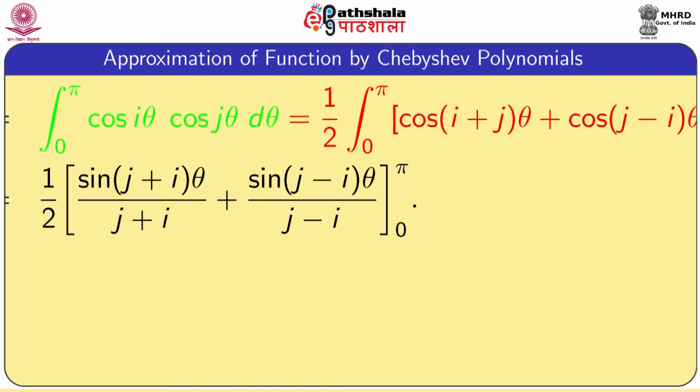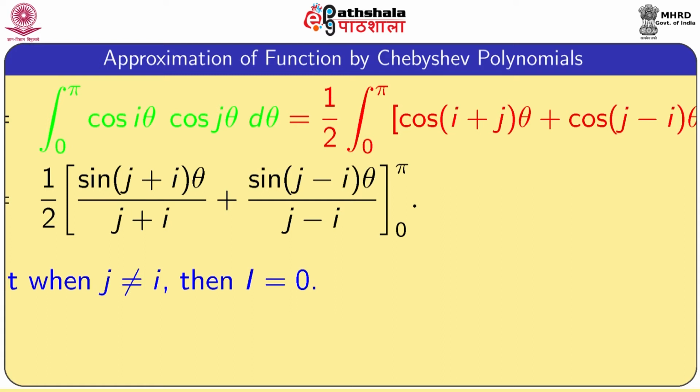That is, I equals integration 0 to pi of cos i theta cos j theta d theta, which equals half of integration 0 to pi of cos (i plus j) theta plus cos (j minus i) theta d theta. After integration it becomes half of sin (j plus i) theta divided by (j plus i), plus sin (j minus i) theta divided by (j minus i). Lower limit is 0, upper limit is pi.